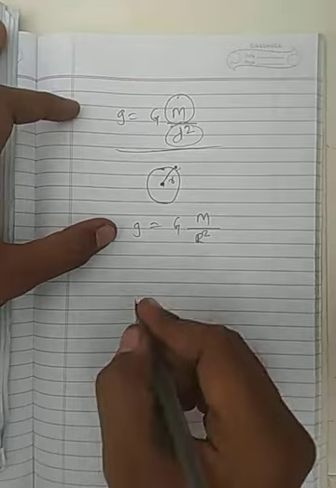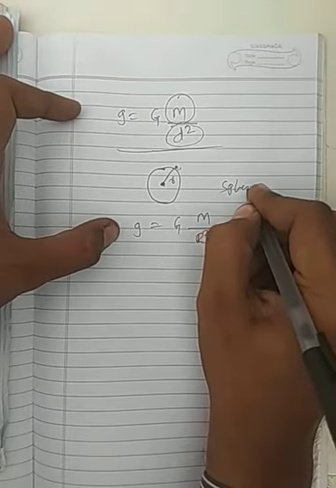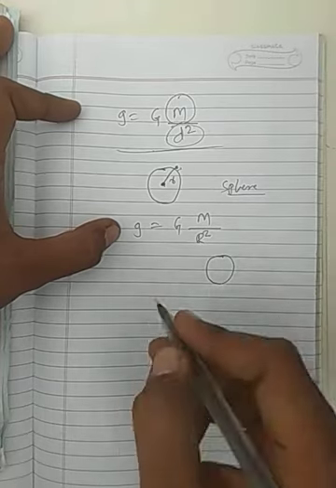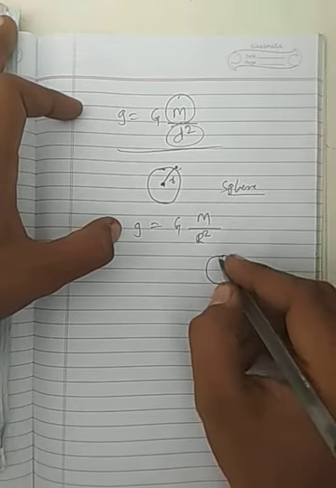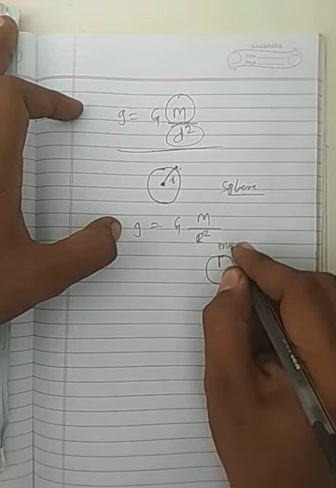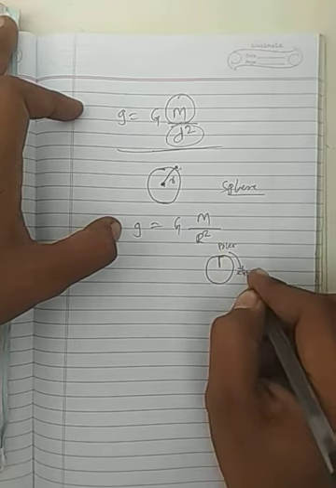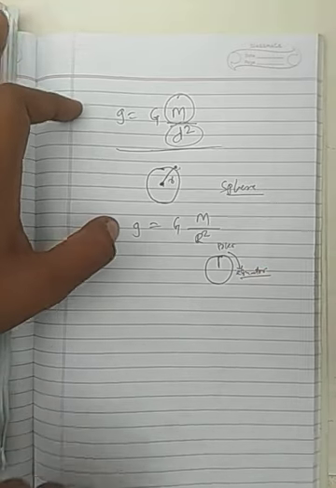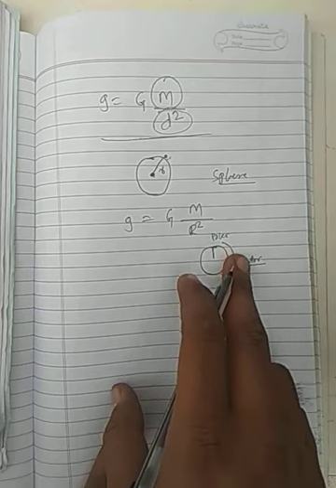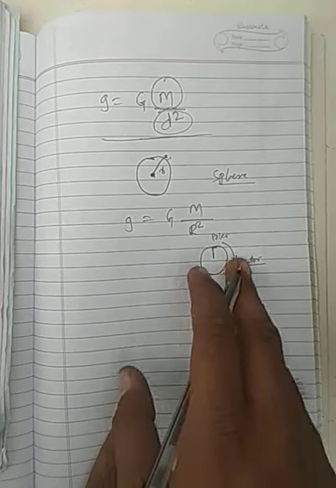And we know that earth is not a perfect sphere, means it is not perfectly round. So this value of r will be changing if you go around; these are the poles, and this is the equator. So radius of earth increases as it goes to the equator.